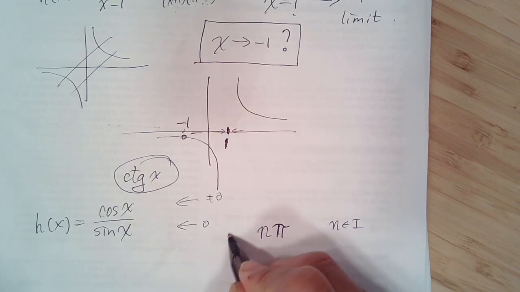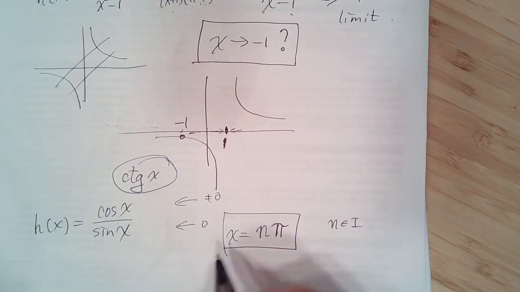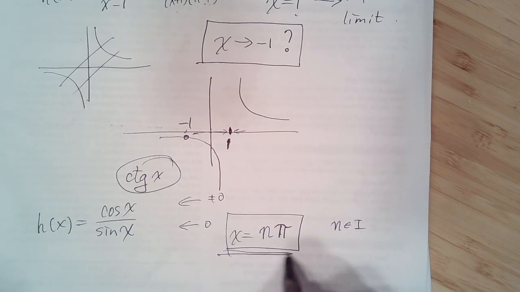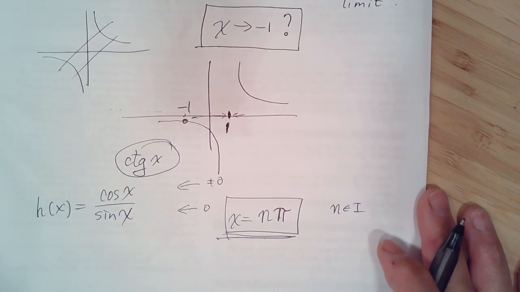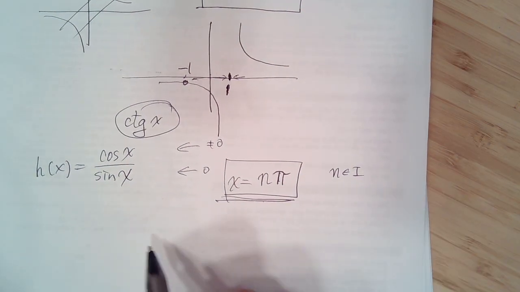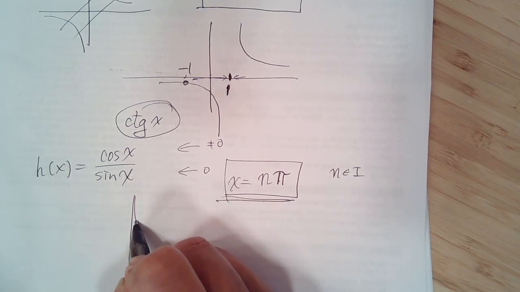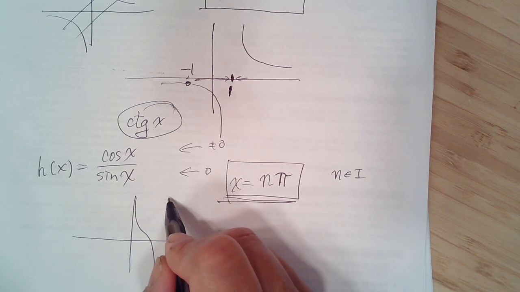So when x equals n pi, the denominator approaches 0, and the numerator is not 0. So this is where you're going to have the infinite limit. Is that right? The cotangent curve looks like this.